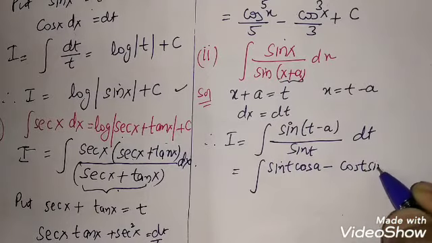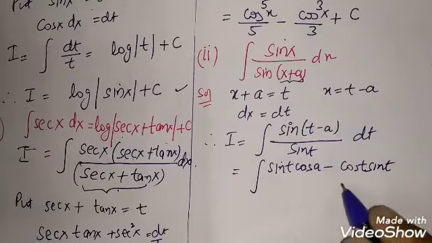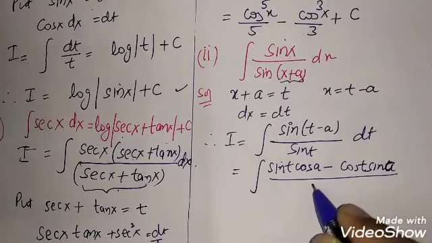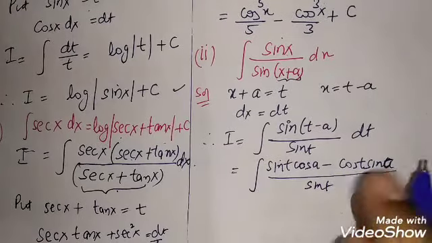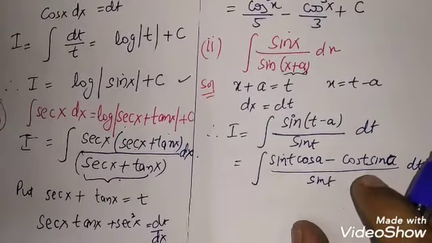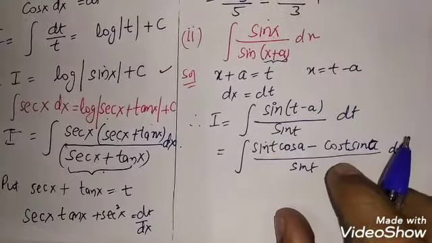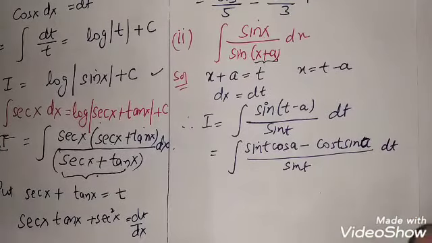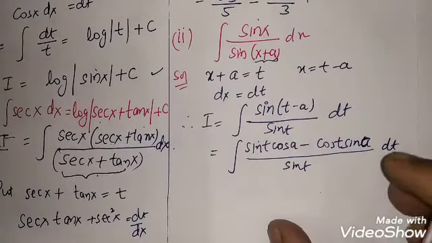So it is sine t cos a minus cos t sine a upon sine t. Simple formula of sine a minus b. Read all the formulas and retain the formulas of trigonometric functions. As I already told you in differentiation, every trigonometric formula will be used anywhere in calculus.